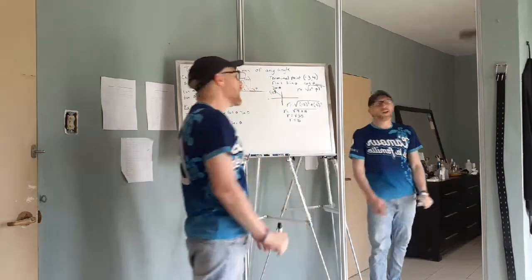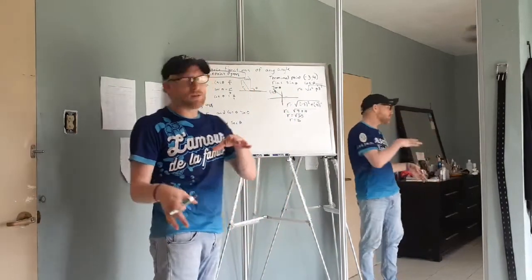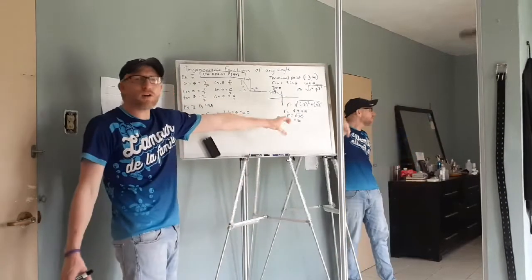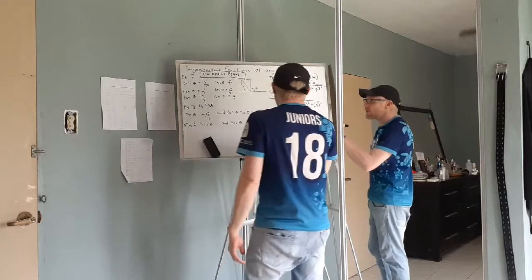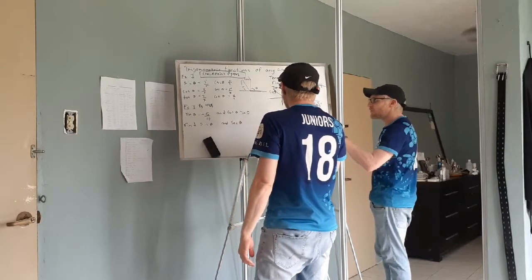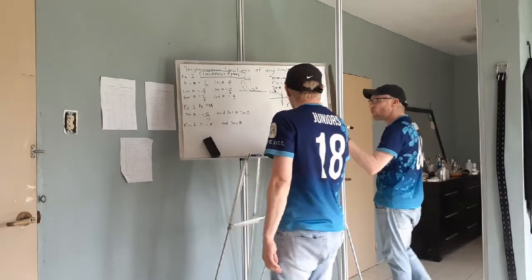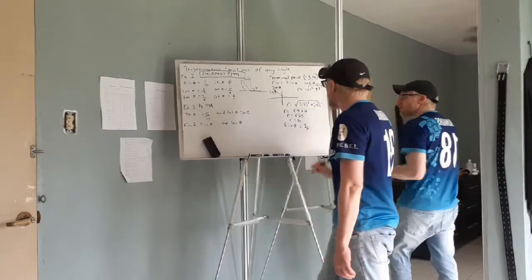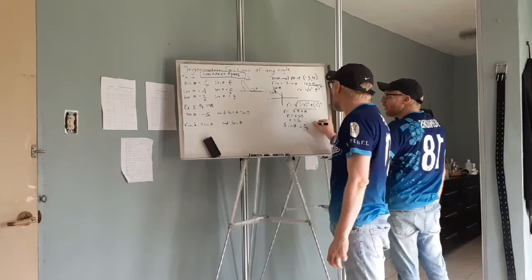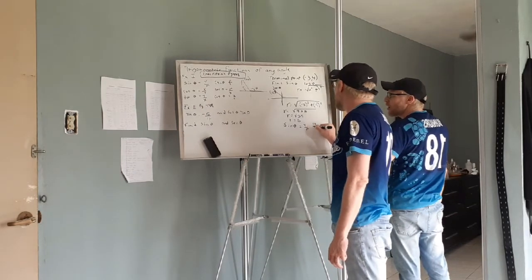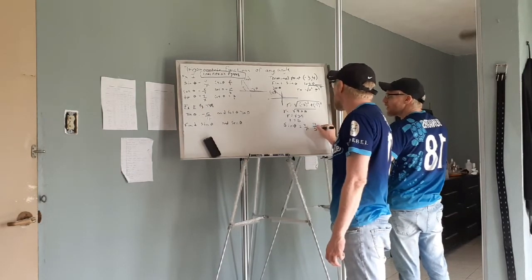So r equals 5, which means now all I have to do is plug into the formulas. The sine of z is y over r, so we replace y with 4 and r with 5, which is what we found here.